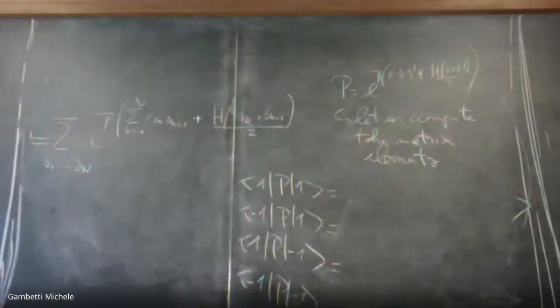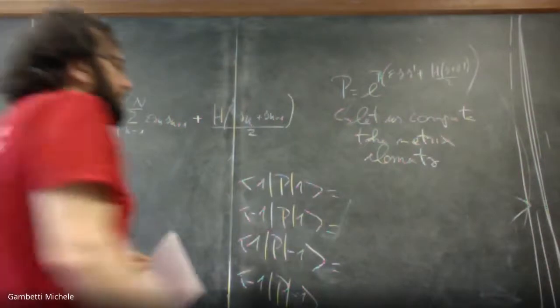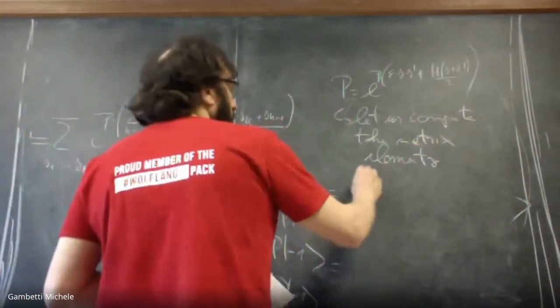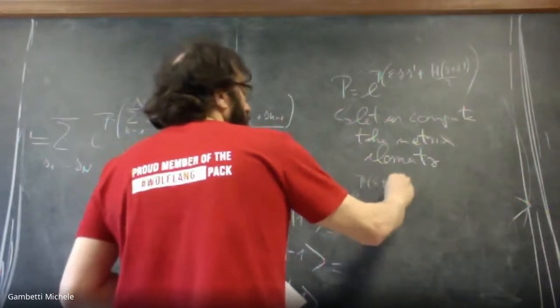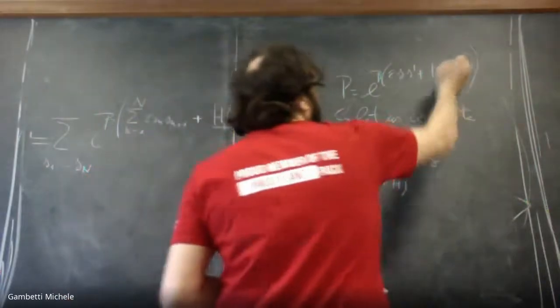Okay, so for 1,1, I get the exponential of beta times epsilon plus h, because here you have 1 plus 1 divided by 2.